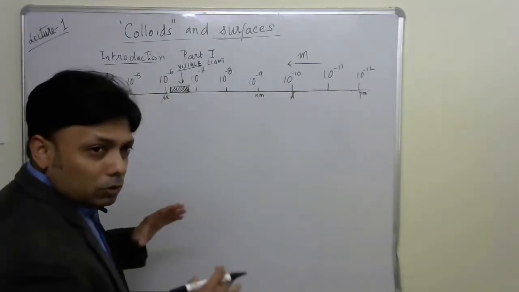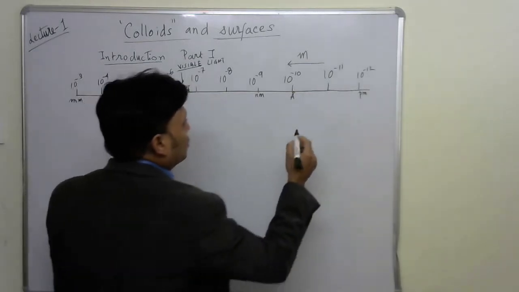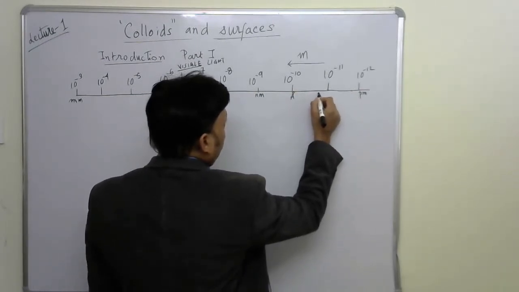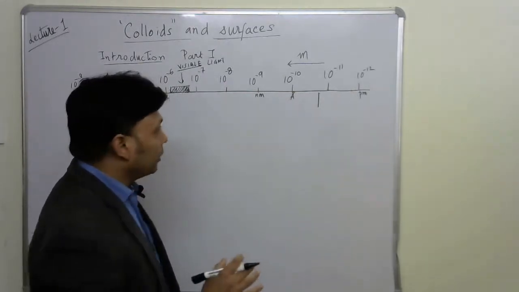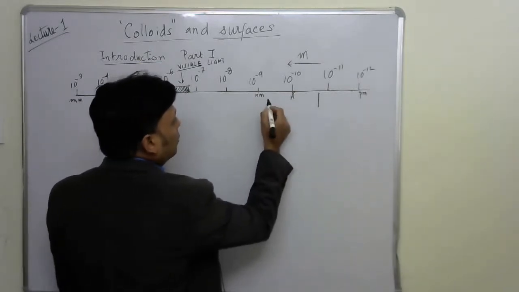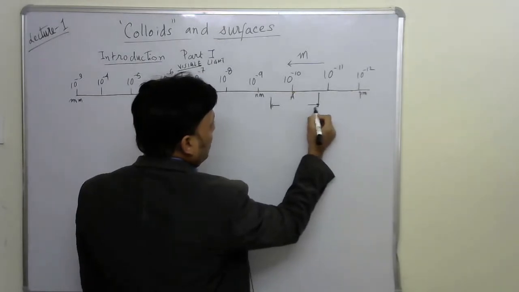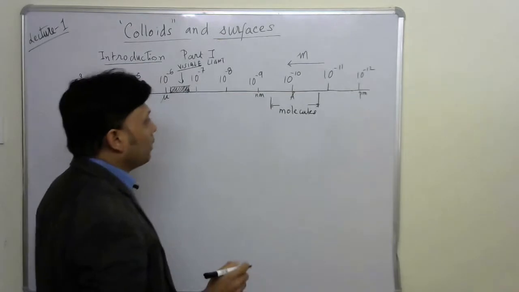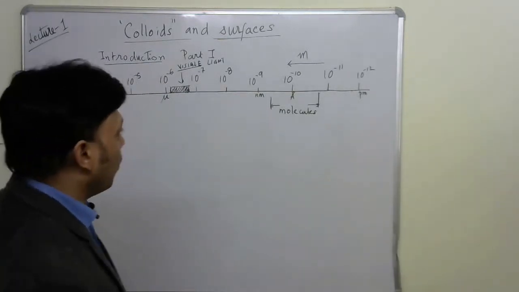If we talk about molecules, it should take at least 2 atoms to make a molecule. So our molecular size range should start from right over here, and ordinary small molecules fall much below a nanometer. So we can take this space and demarcate it as the molecules. This is where the size ranges of small and ordinary molecules fall.